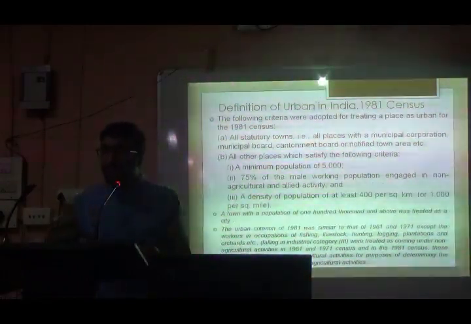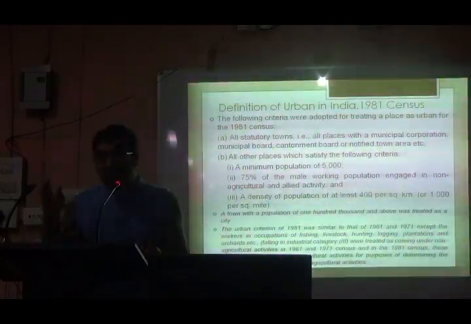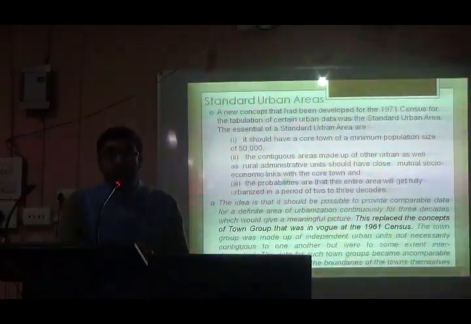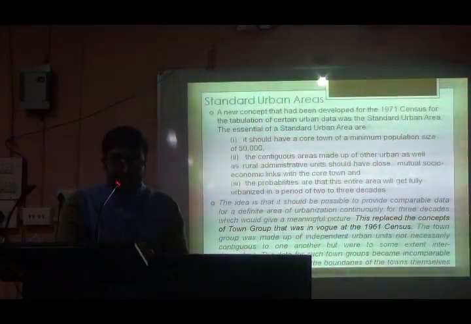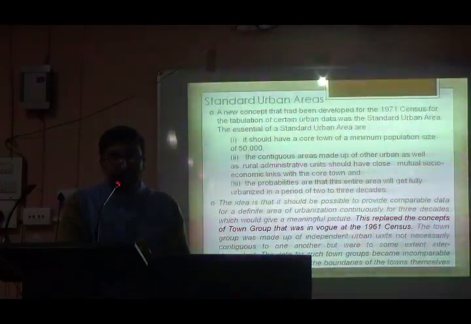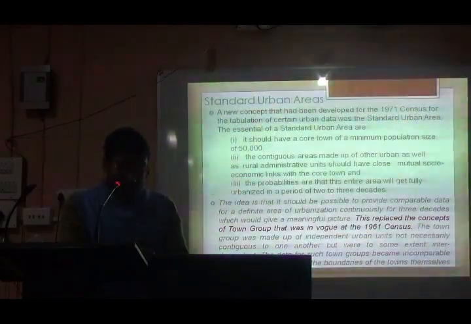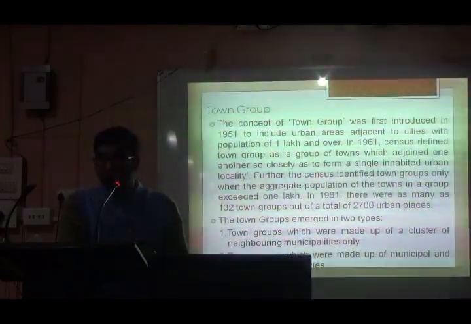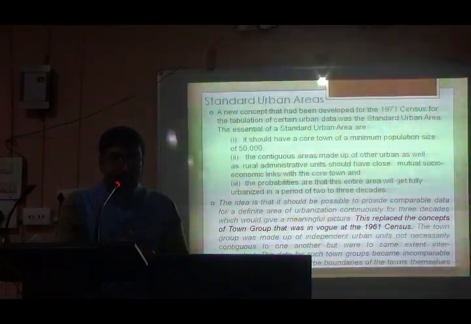Let's see our discussion on the recognition of standard urban area, that is the tabulation of certain urban data. That was the purpose of the Indian census, and for the fulfillment of their purpose, they tried to modify the previous concept of town group and transform it into the concept of standard urban area.